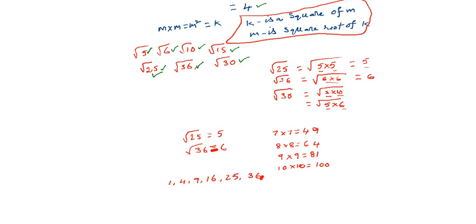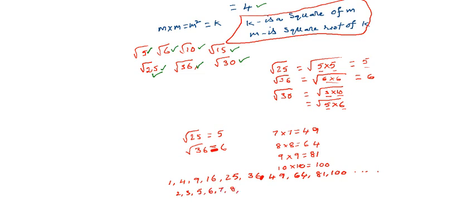After that 49, 64, 81, 100, and so on. All these are perfect square numbers. The remaining numbers in the natural numbers are not perfect squares. What are the remaining ones here? 2, 3, 5, 6, 7, 8.